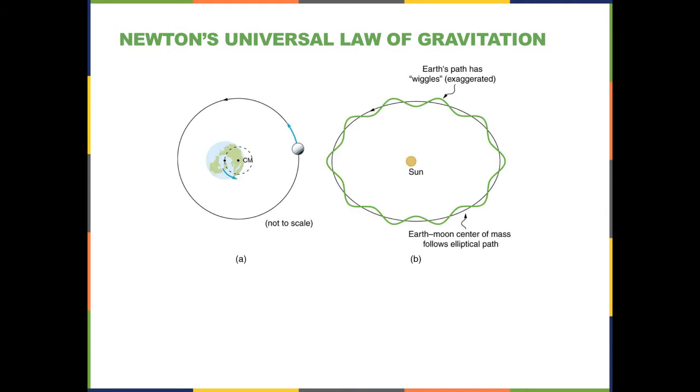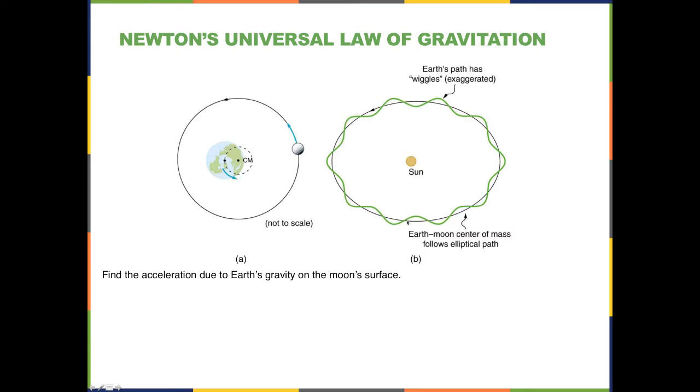So here's an example of the actual path that the sun takes. And one of the things that's very interesting is you notice you have the Earth here and the moon here. And the Earth and the moon are traveling together, and because of the effect of the moon's gravity in this process, the actual motion is a little bit of a wiggle depending on where the moon is in relation to the sun.